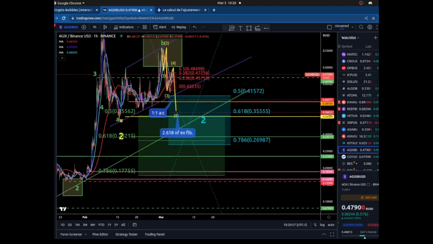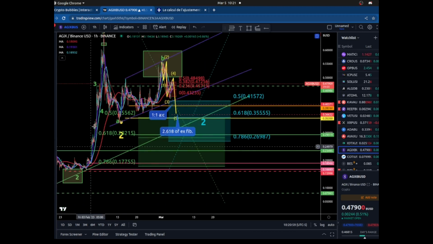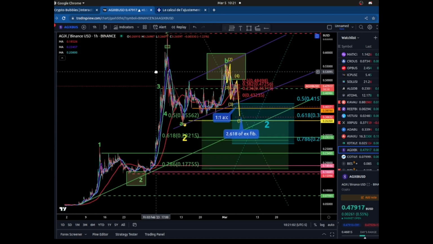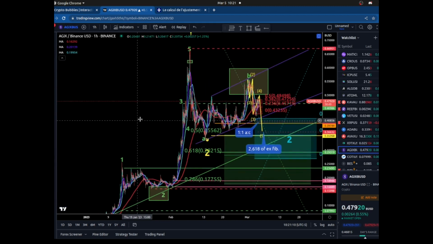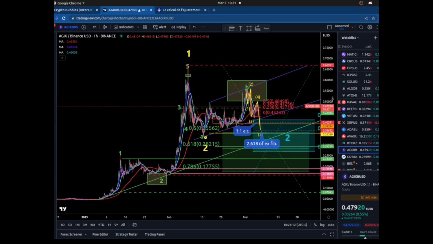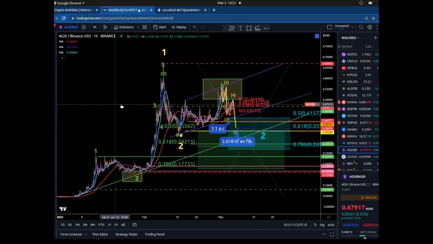So these are the options, and when I say this could be just a 1 and a 2, it's because it would mean that we did a 1 and a 2, this would be a 3, and all this movement would be a 4.